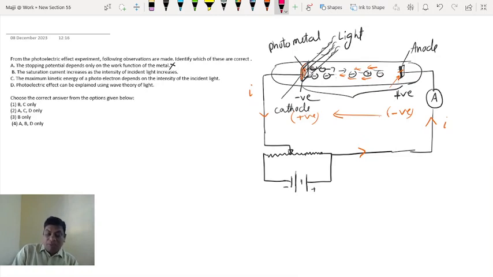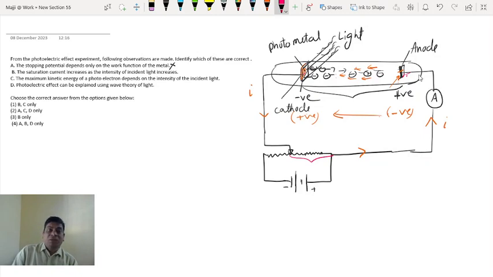Whatever be the number of photoelectrons ejected per second from this cathode, if all the electrons are being pulled by the anode, and all of them reach the anode in the same time, that is, the number of electrons ejected per second is equal to the number of electrons reaching the anode per second, then even if you increase this applied anode-cathode voltage, still the current will not increase. Why? Simply because all the electrons which are being ejected per second at the cathode are reaching the anode.